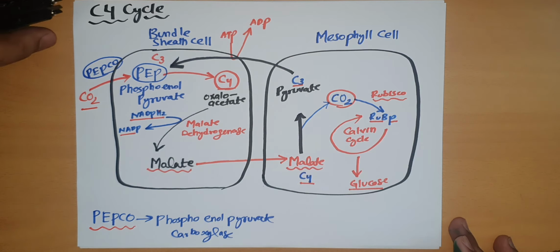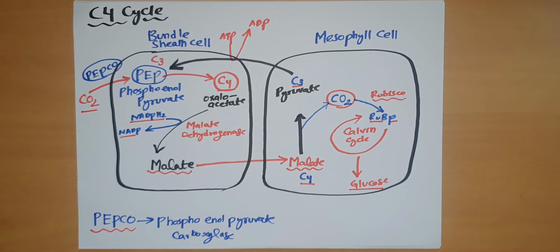These C4 plants reside in a hot environment, and usually these crops are produced during the summer season, and during that time the carbon dioxide concentration becomes less because of the expansion of the air. And when the carbon dioxide concentration becomes less, at that time the Rubisco, instead of performing carboxylase activity, can perform oxygenase activity, which can cause loss of ribulose bisphosphate, which will be loss of photosynthesis.